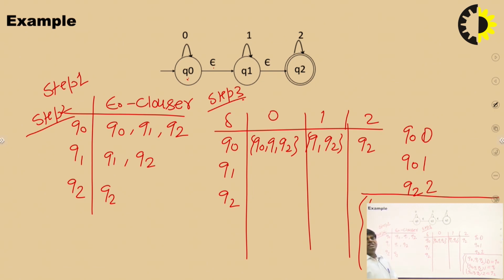The first step is complete. Now we similarly check the transition of Q1 and Q2. The transition of Q1 on 0 means we check the transition of the Q1 closure. Similarly, we check the Q2 closure. We follow the same steps.